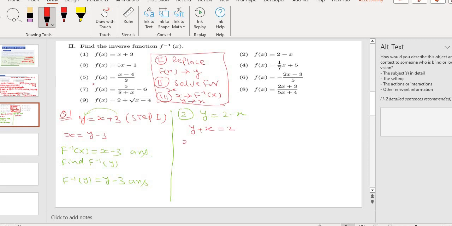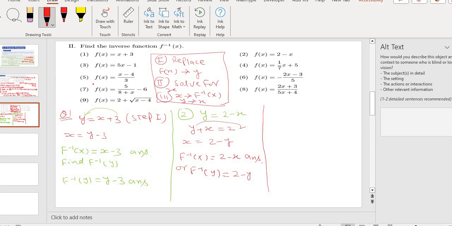Now solve for x. That means x is equal to 2 minus y. So this is step number 2. Step number 3, replace x as f inverse of x and y as x. This is your f inverse of x. If you want to find f inverse of y, then in place of x, it is 2 minus y. This is your f inverse of y.